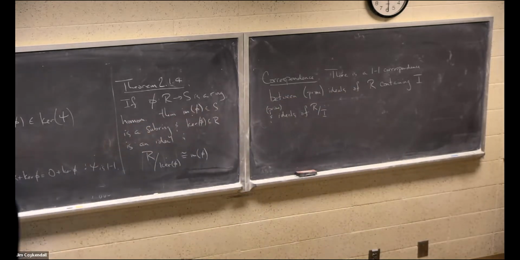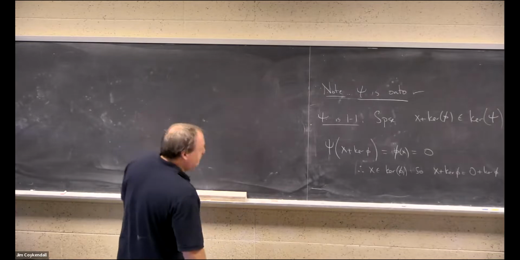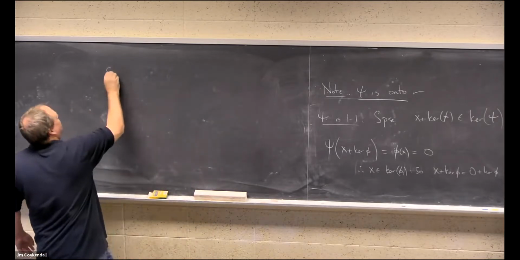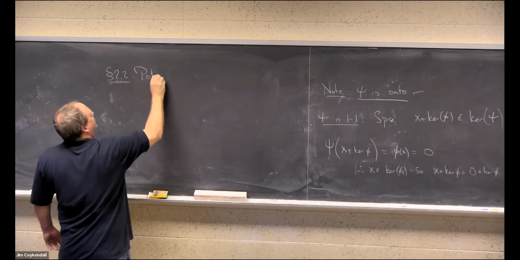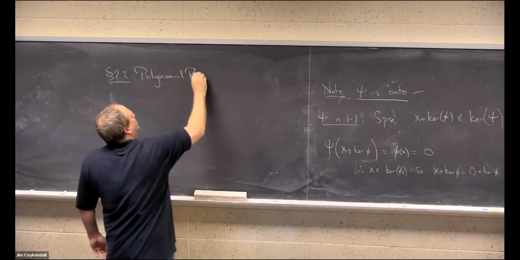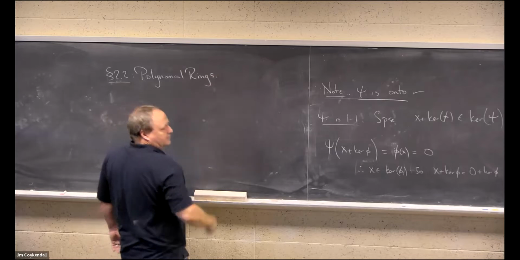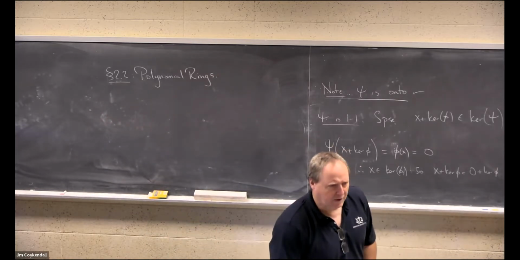I'm going to do some ring extensions. And I'm going to start by talking about polynomials a bit. And I'm going to do this backwards. There's a couple ways to do this, but I'm going to do something a little bit strange.